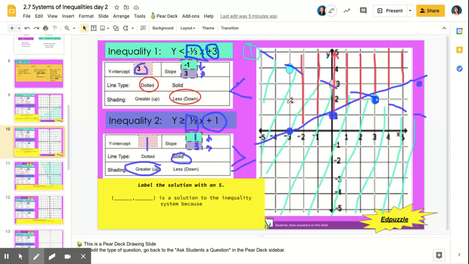Okay, our solution is where these spaces overlap. So where does the shading from my red, which is inequality number 2, let's label that. And where does my shading from my blue, inequality number 1, overlap? That is the space that we're marking with an S. So here is my S space. Okay, why don't you pick a point? Which point is a solution?